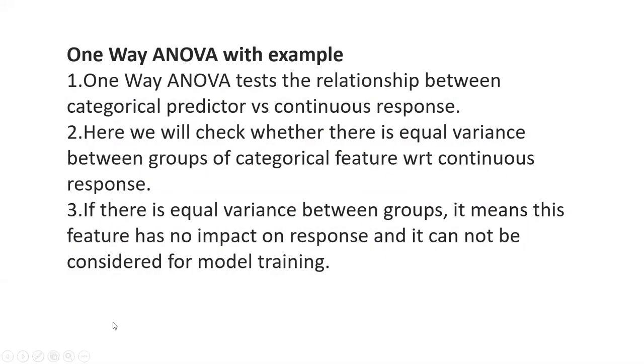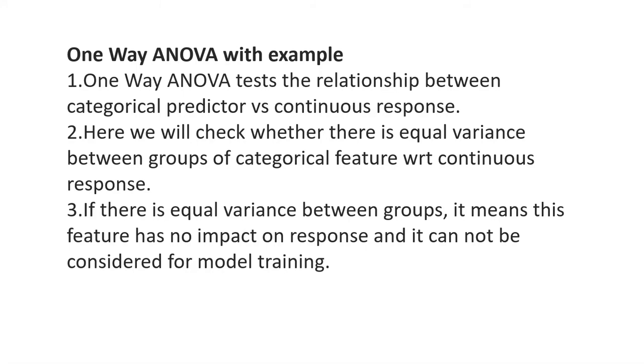One-way ANOVA test examines the relationship between a categorical predictor and a continuous response. Here we check whether there is equal variance between the groups of the categorical feature with respect to the continuous response.